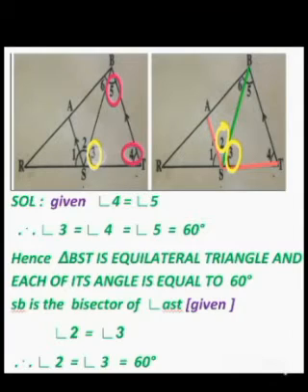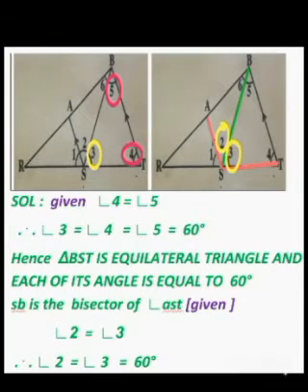So angle 3 will be equal to angle 4 will be equal to angle 5. Here BST is an equilateral triangle and each of its angles is equal to 60 degrees. So angle 3 is equal to angle 4 is equal to angle 5 is equal to 60 degrees.